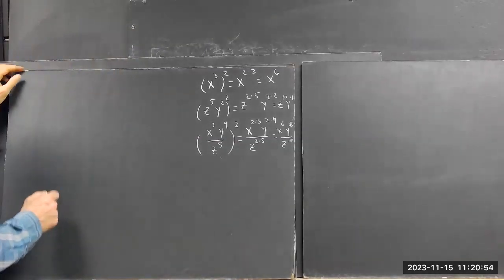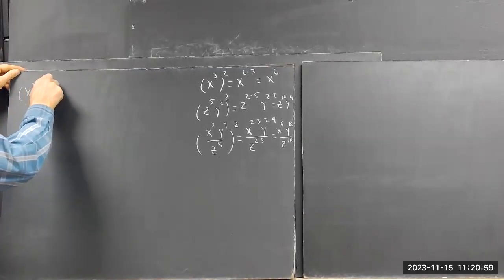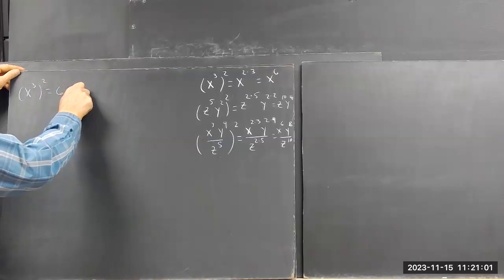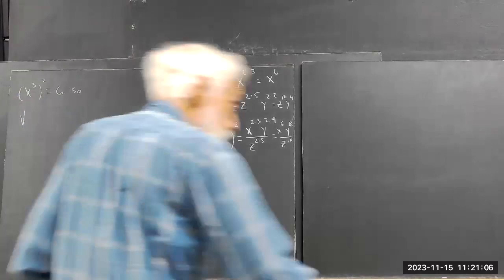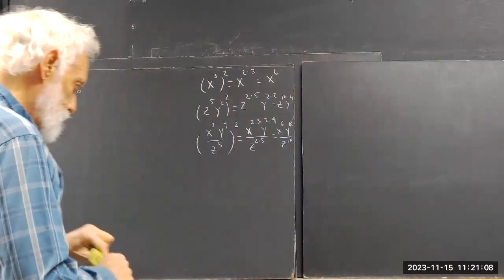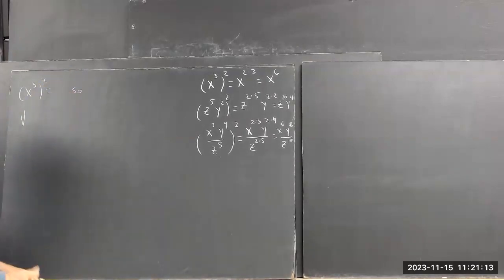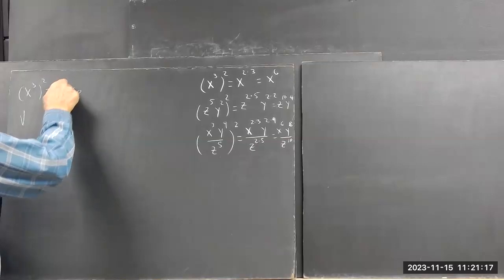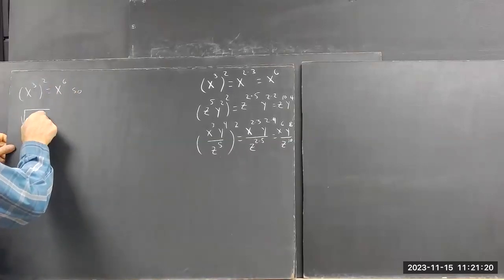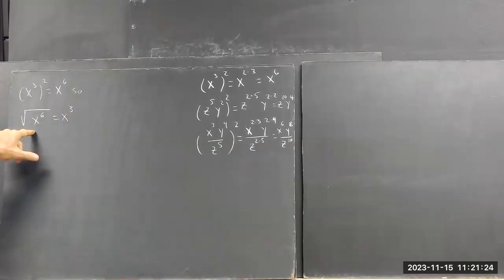Okay. Now, I'm going to make a statement over here. It doesn't equal 6, it equals x equals 6. The square root of x to the 6 is x to the 3rd.